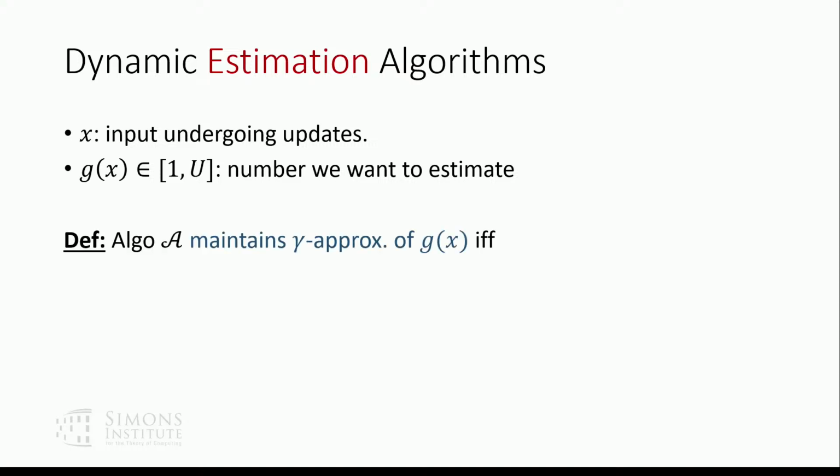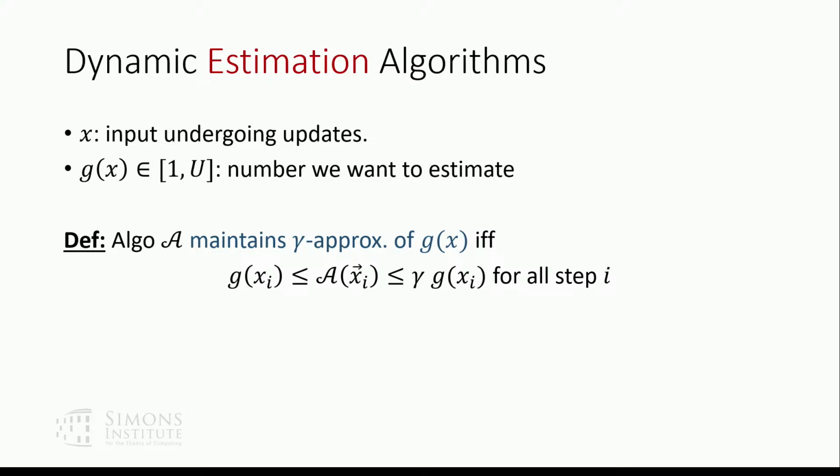We say the algorithm maintains a gamma approximation of g of X if for every step i, the algorithm, given the update sequence up to time i, returns something that is within a gamma factor of g of Xi. So that's the setting.